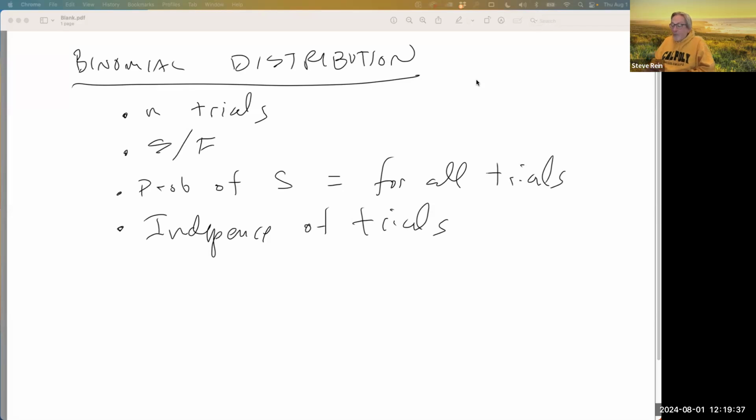Okay, so if we have a situation like this, you could go through the checklist. Am I trying something a fixed number of times? Are there only 2 possible outcomes? Now, some people say, oh, well, with a die, there's 6 possible outcomes.